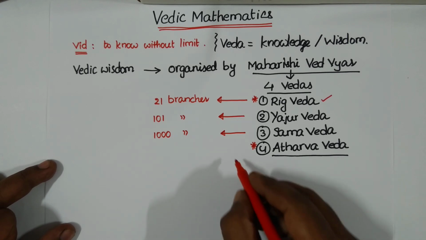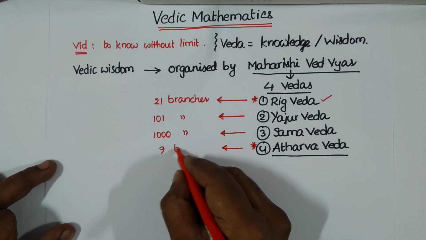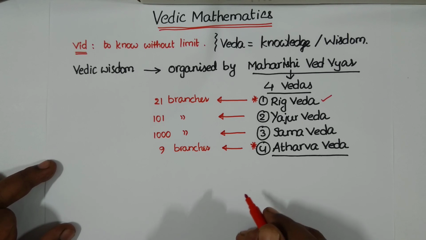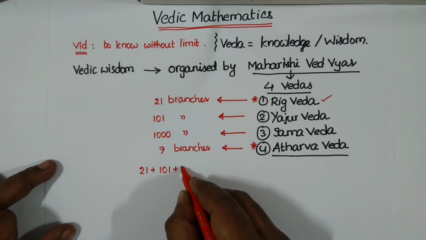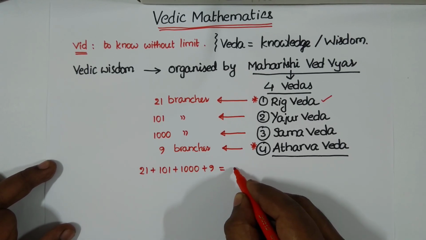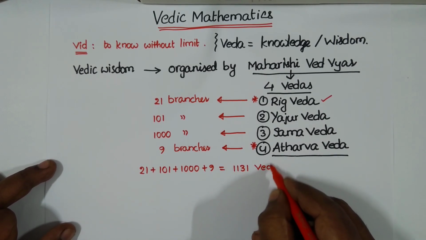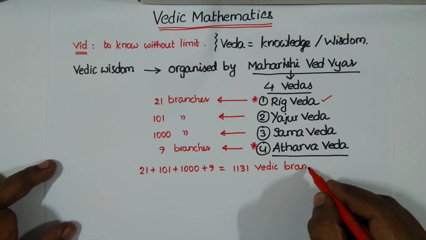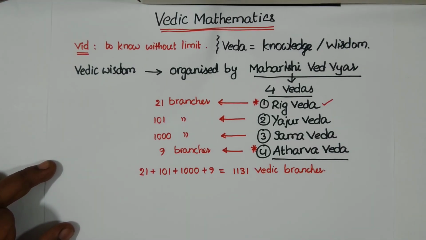And lastly, the knowledge of Atharva Veda admitted 9 branches. Now you know the significance of this. If you put together 21 plus 101 plus 1000 plus 9, let me sum up all these branches, this is 1131 Vedic branches.